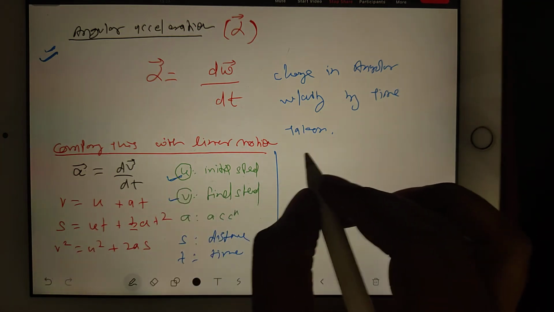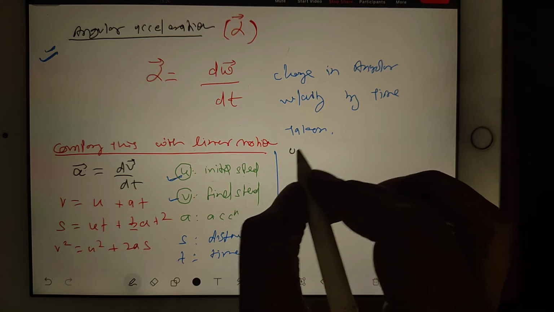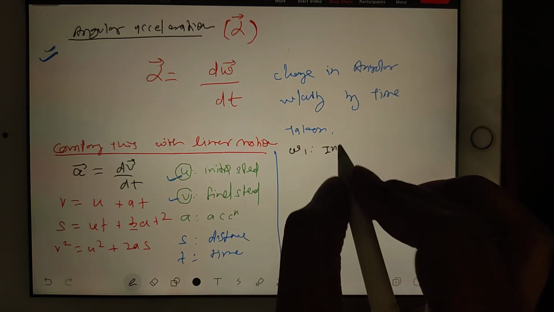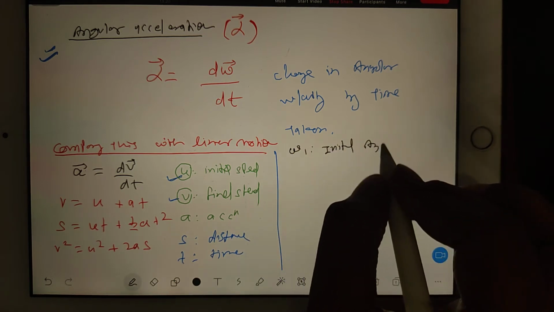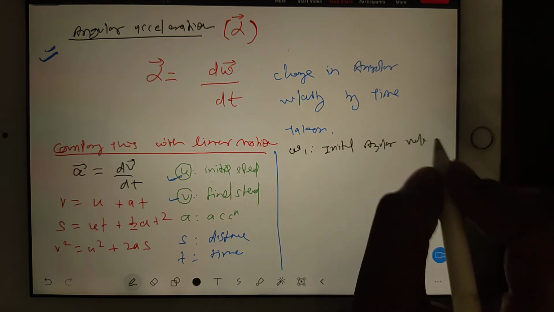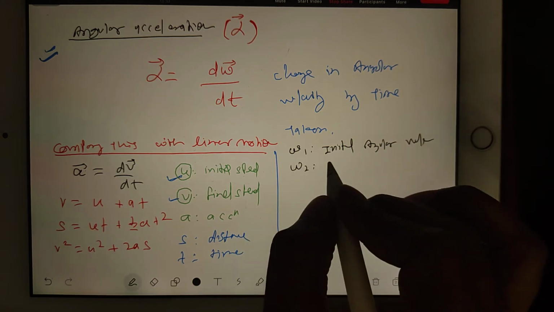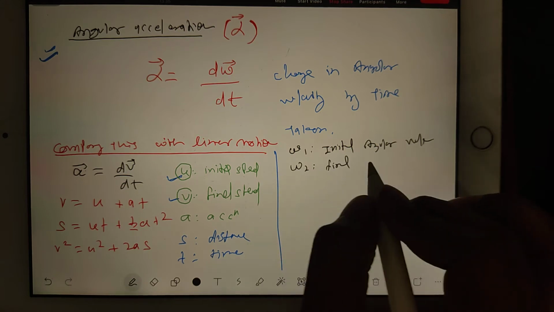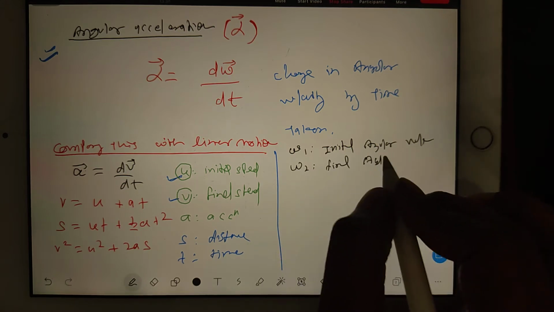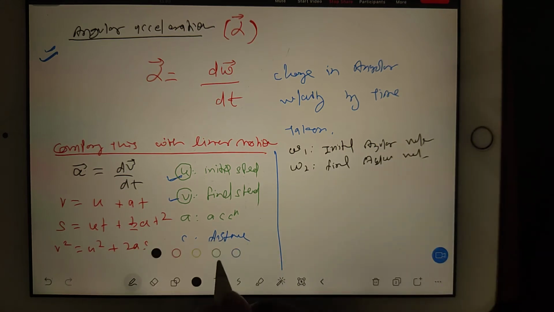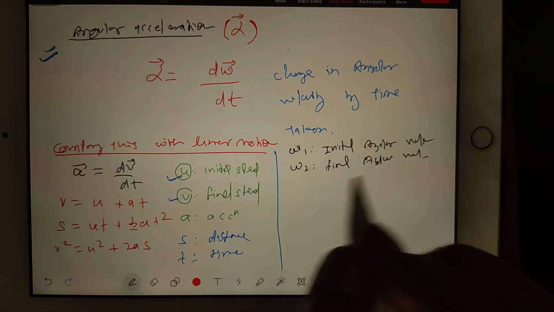First you will write the notation: omega 1 is going to be your initial angular velocity. Omega 2 is going to be the final angular velocity. Now it depends on the book and the teachers.